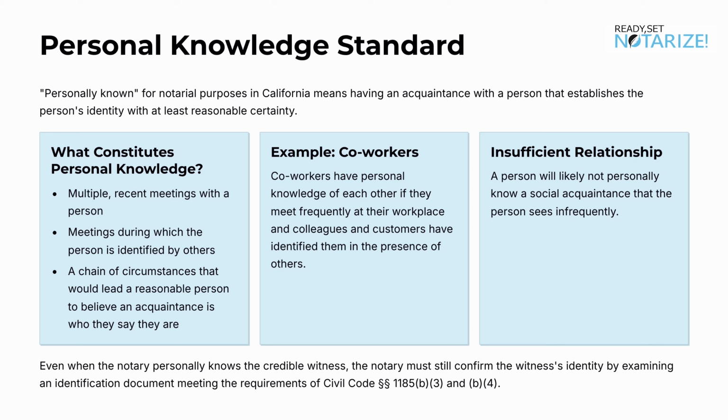An acquaintance substantial enough to establish personal knowledge includes multiple, recent meetings with a person, including meetings during which the person is identified by other people.